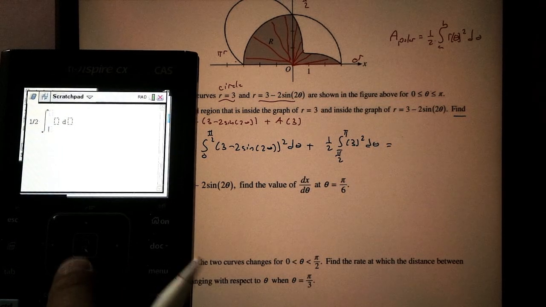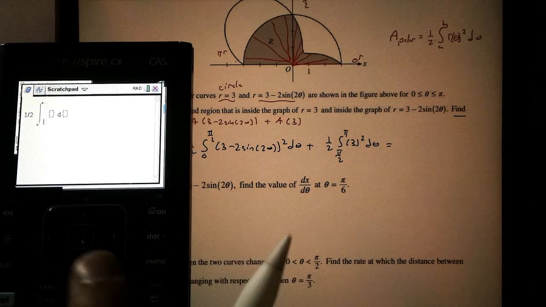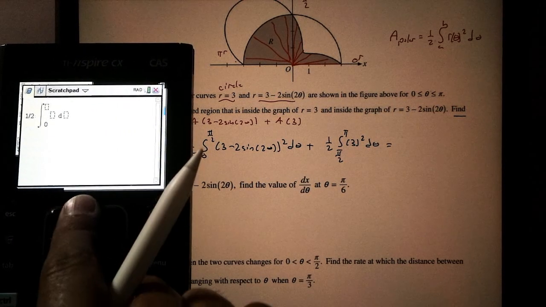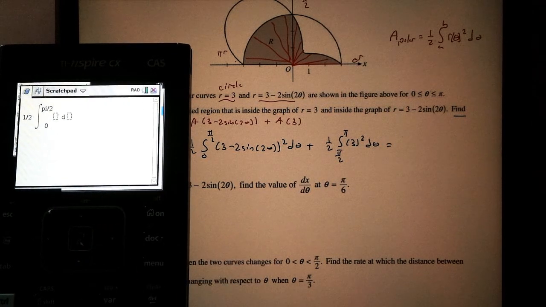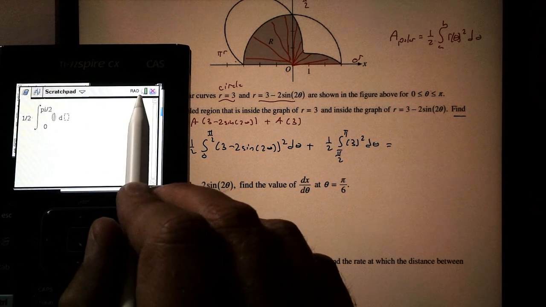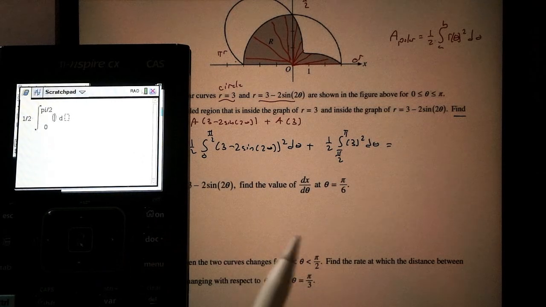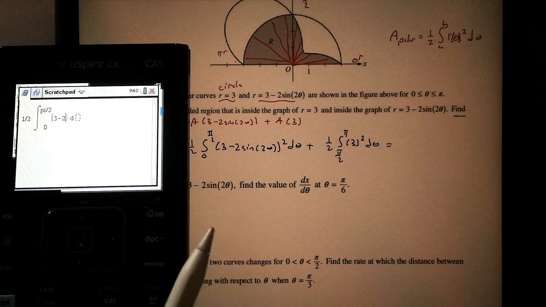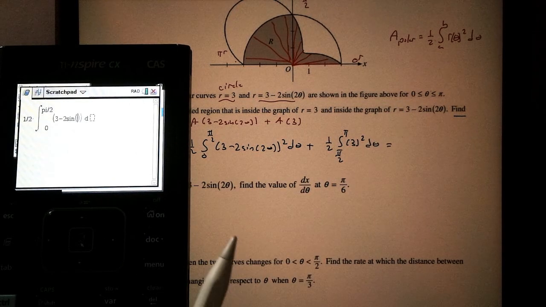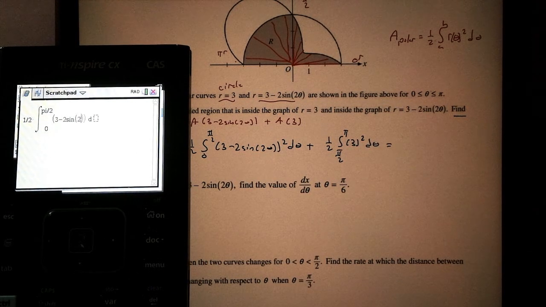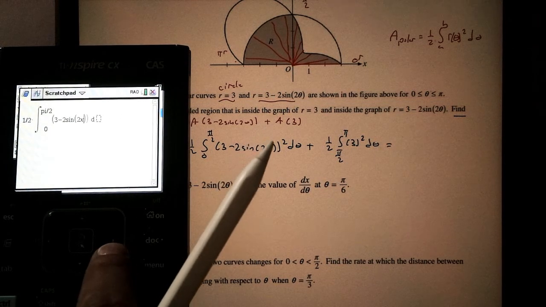My first one goes from 0 to pi over 2, and I'm going to type in that expression. Make sure you are in radian mode before you type in tricks. 3 minus 2 sine 2 theta. Now I'm going to use 2x here because it's just easier to find than looking for that theta.